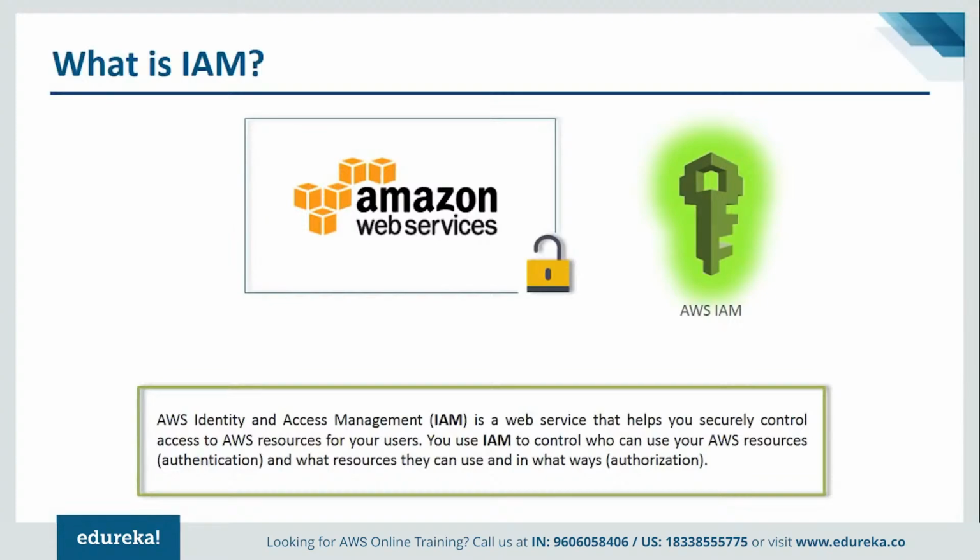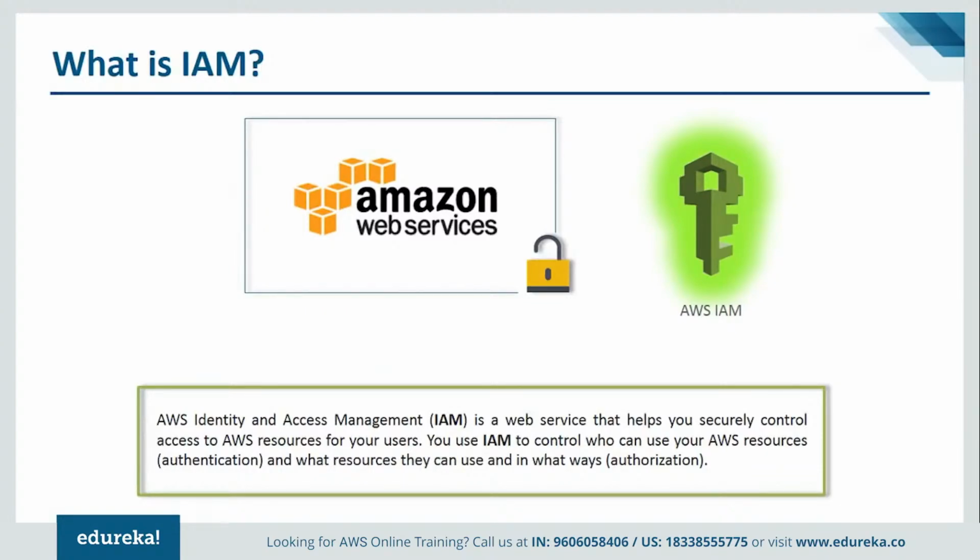You decide that, right? So you can define a policy so that developers will only be able to access the EC2 instances on your AWS account. Similarly, if a database administrator comes in, he should only be able to access the DB instances on your AWS account, and so on, right? So all of that is possible using IAM.